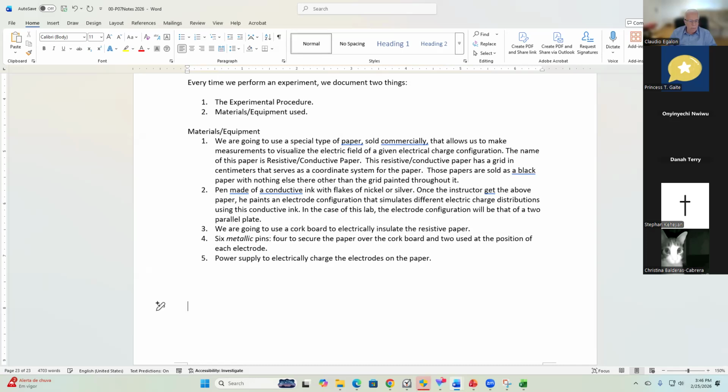So let's see if I can put out here also the procedure, right? So I can parallel the procedure with the materials. So 1, place your resistive paper with the electrodes over the cork board, right?